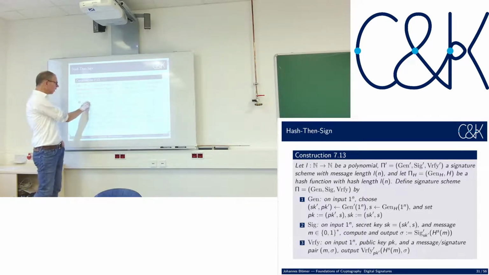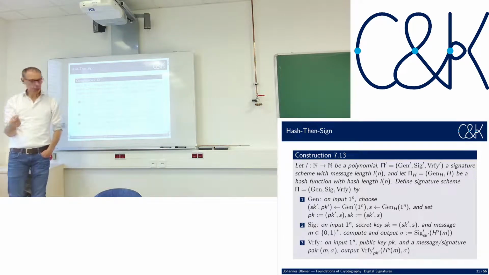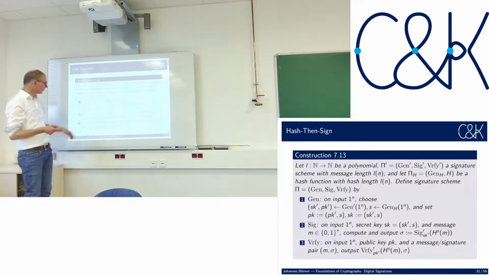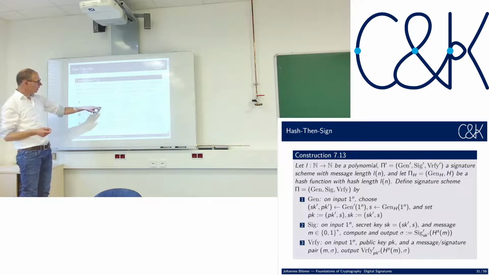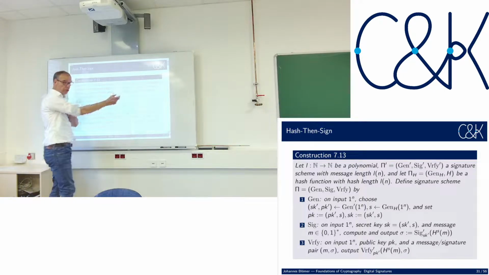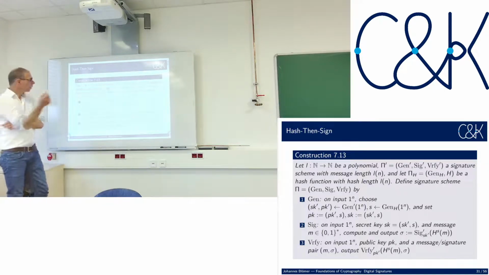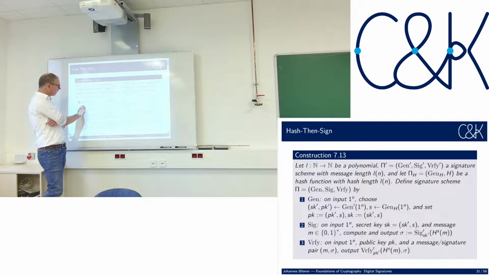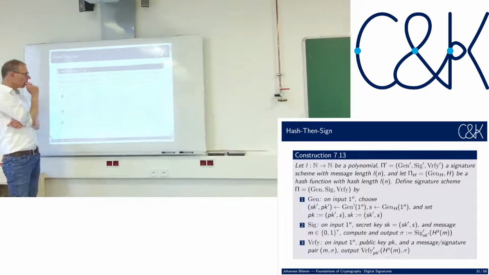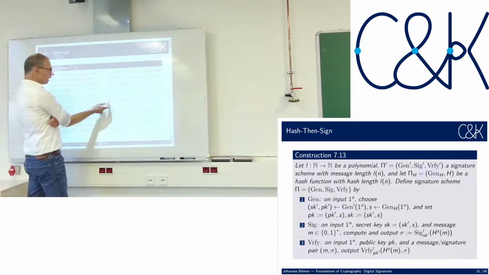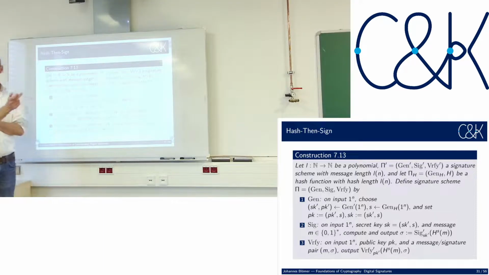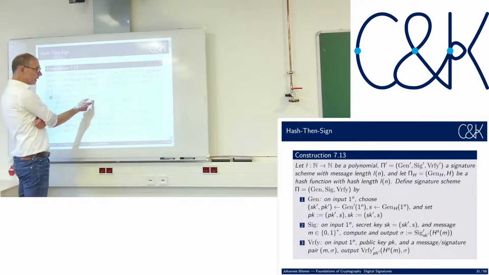The key generation algorithm of the new scheme, on input 1 to the n, uses the key generation algorithm of our original scheme to generate a secret and public key pair sk prime, pk prime. And it uses the key generation algorithm for our hash function to compute this s.